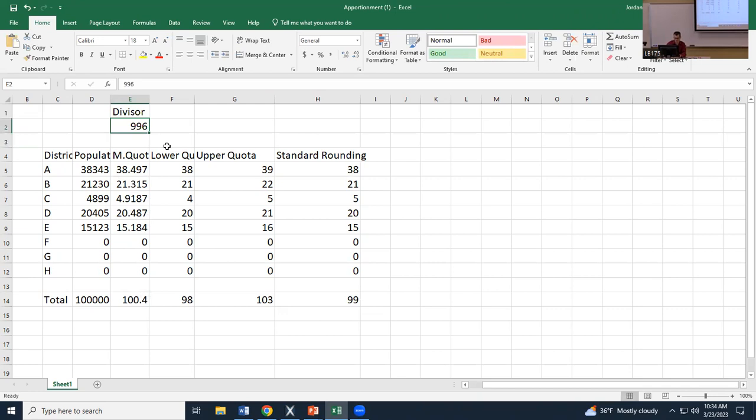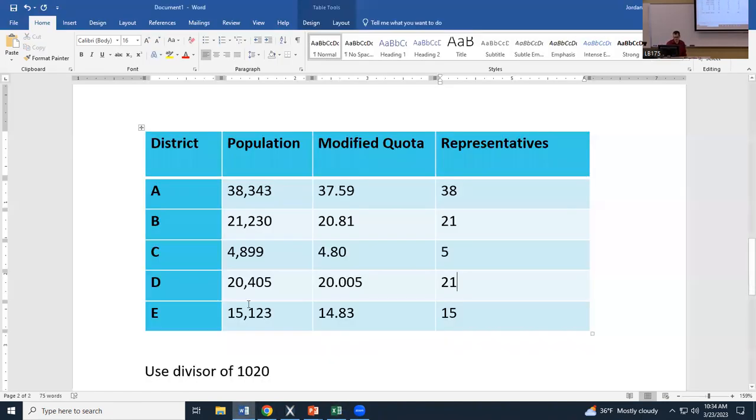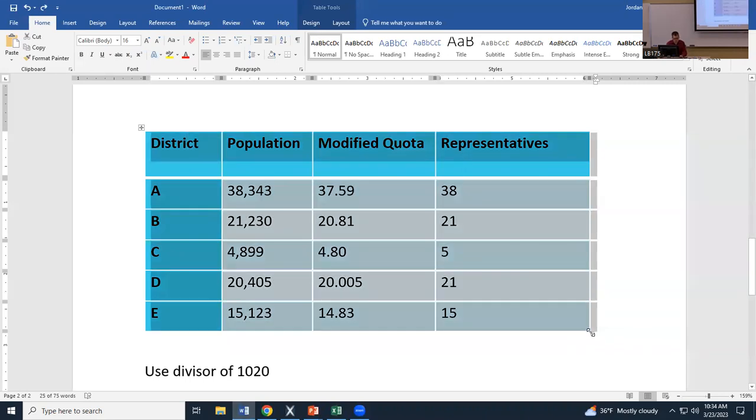Somewhere between 995 and 996. How about 995.5 for the divisor? There you go. That makes sense? So 995.5 is the divisor that we want. Now let me copy and paste this.